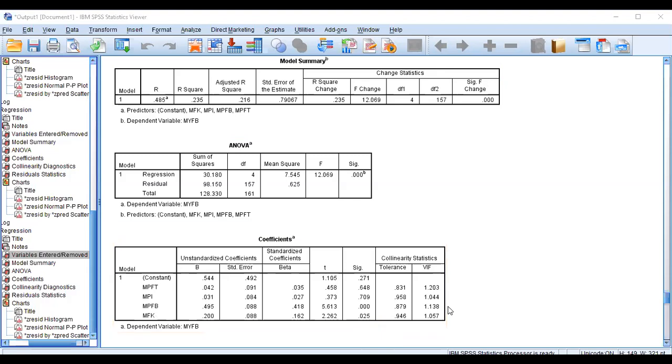Now, how to interpret these independent variable values? You see, for reporting, you will use the coefficient beta values. You will write, since the beta value is 0.418, which is less than 0.05, the p value is less than 0.05, therefore, one standardized unit increase in parental financial behavior will increase the youth financial behavior by 0.418 standardized unit.